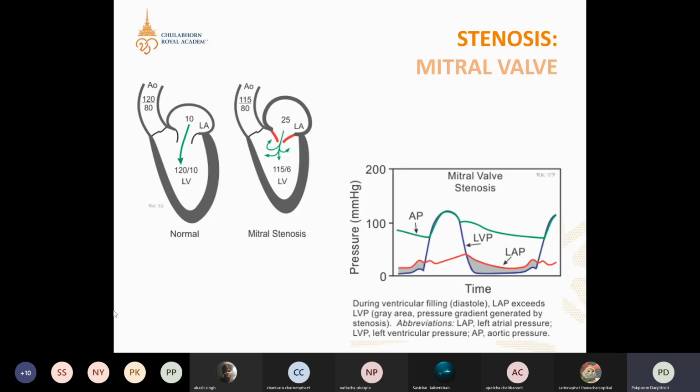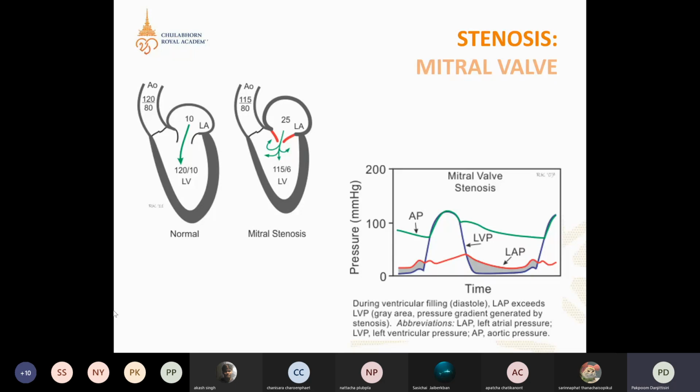After that, during the diastolic phase, the blood from the LA will go to the left ventricle, but the blood cannot get out of the left atrium to go to the left ventricle because of the obstruction of the mitral valve, right?